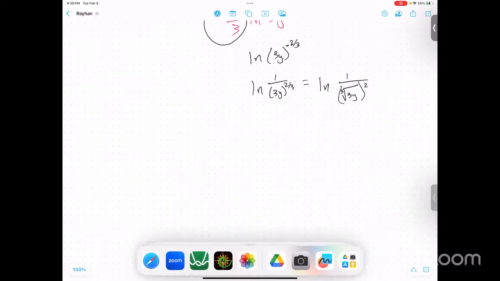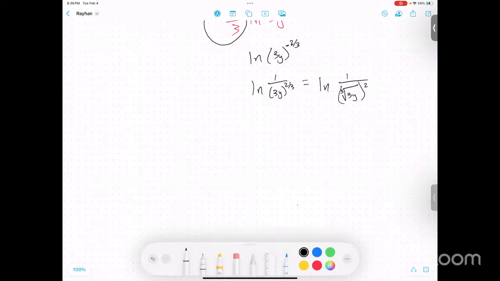You want me to show you? Yeah. Okay. So the way you would do that is you need to get rid of the 1/3 power there.